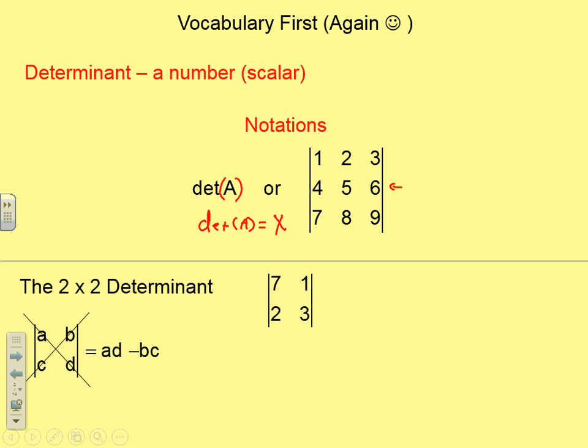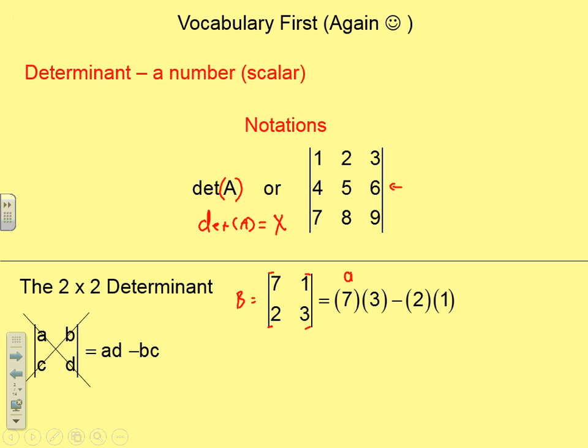So here we have a matrix. Let's call this matrix B, just for something. I don't know why this presentation doesn't have brackets on it, why it only has vertical bars, but you get the idea. So the 7 is in the A position, the 1 is in the B position, 2 is C, and 3 is D. If we want to know the determinant of this matrix, we multiply and simplify.